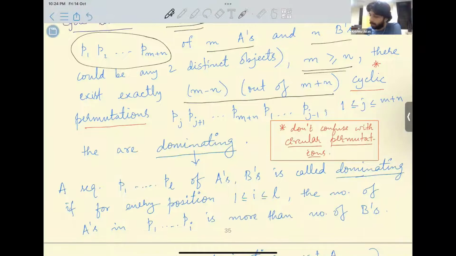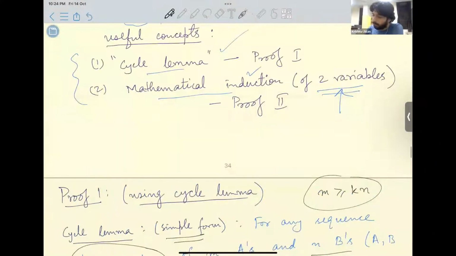Then the cycle lemma says that there exist exactly m minus n out of m plus n cyclic permutations of this type. What is a cyclic permutation? Let's say I have a1, a2 up to ap. A cyclic permutation is something like this: a2 dot dot dot ap, a1. This is one cyclic permutation.